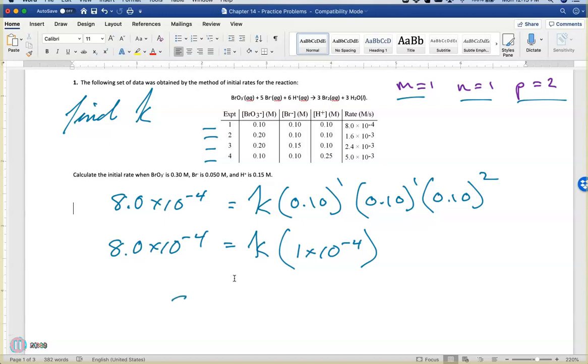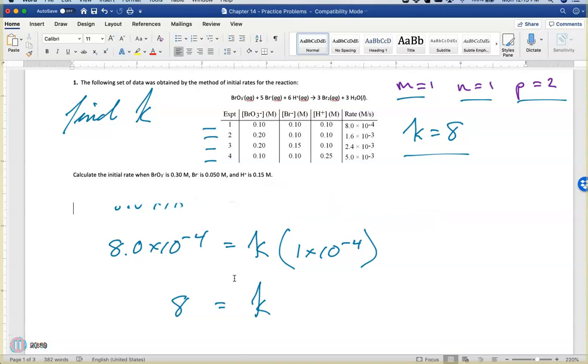Hey, it does. Almost there. We have our quantitative value of K is 8, but we don't have the units. So there's two ways we can go about it. The quick way and the surefire way, which is the long way.